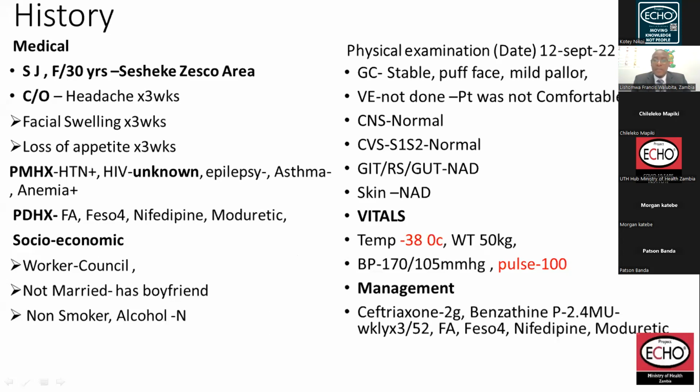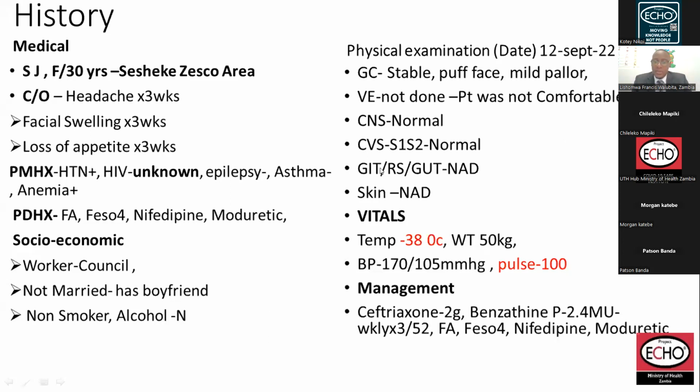On physical examination, done on the 12th of September 2022, general condition was stable, though she had a puffy face with some mild pallor. The VE wasn't done, as the patient wasn't comfortable to undergo it. The CNS had no abnormalities. On the CVS, S1 and S2 were normal.